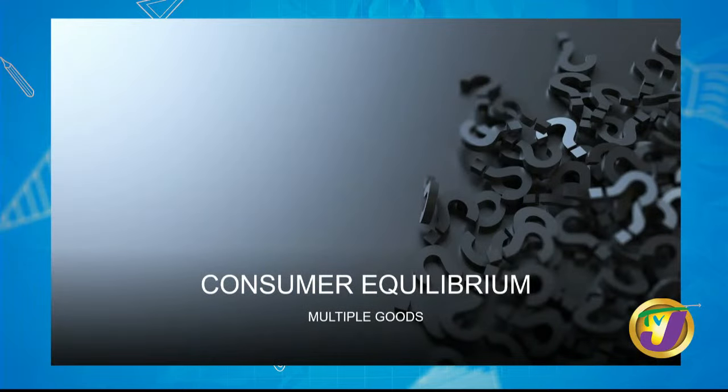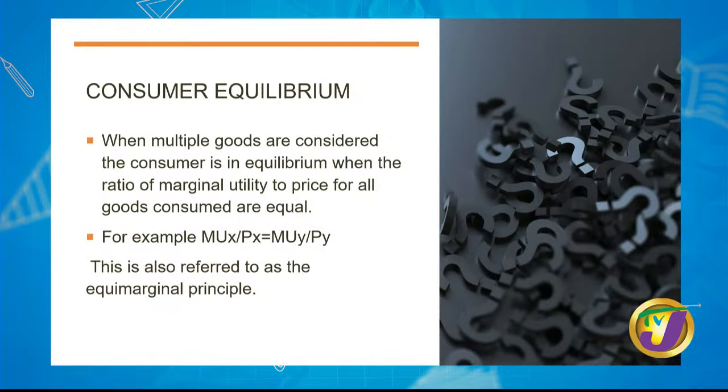Now, what if the consumer is consuming multiple goods? Because we know we don't just consume one good per day. Even if you think about what you eat, you want to eat something, you want to have a beverage. Now, when we consider a multiple good framework, the consumer is in equilibrium when the ratio of marginal utility to price based on the last dollar spent on the first good is also equal to the ratio of the marginal utility to price of the second good.